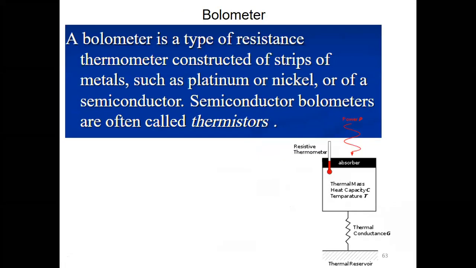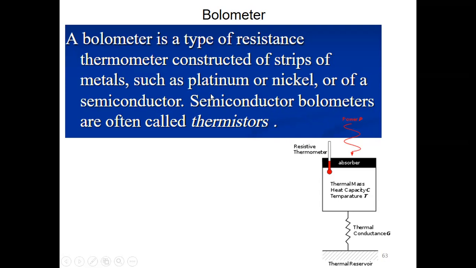And the bolometer. The bolometer is also a heat or thermal transducer. What is there? It has a resistance thermometer. See this image. The resistive thermometer is there, and it consists of strips of metal such as platinum or nickel, or semiconductors.